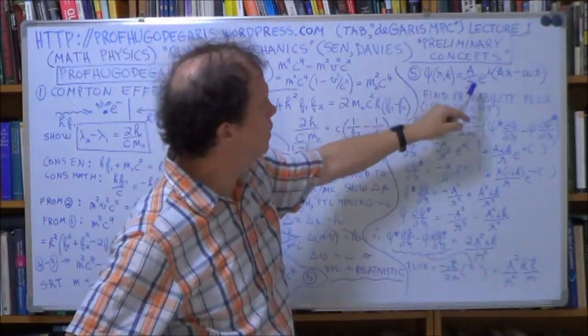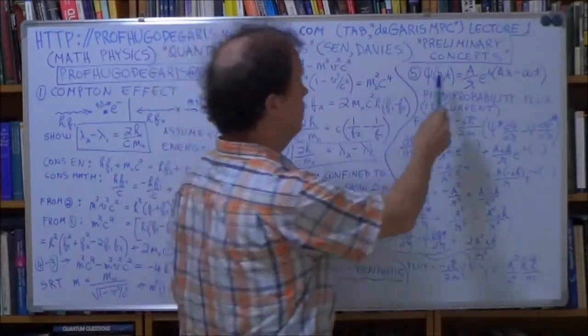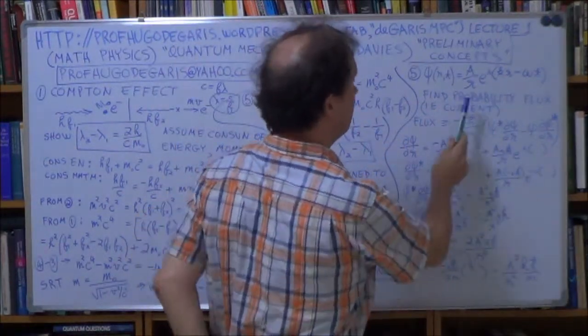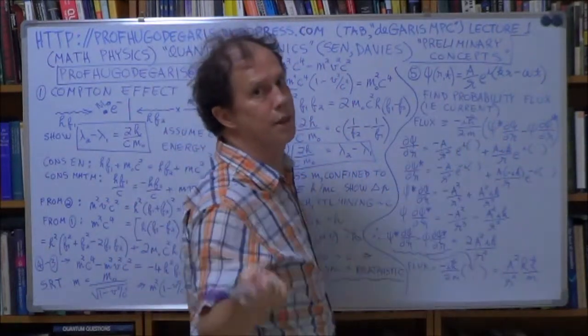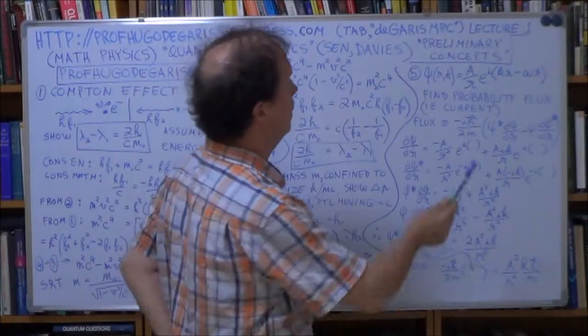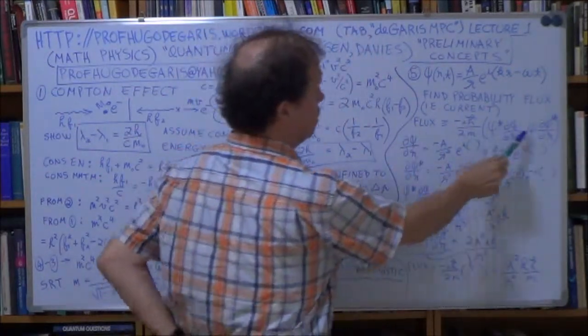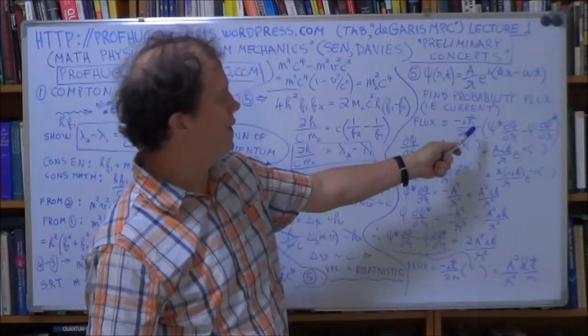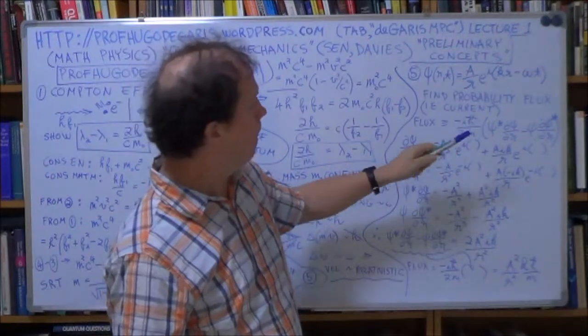So it's r underneath. You're given this wave function, and you're asked to find the probability flux or current. Same thing, flux or current. Now I've written up here the definition. We did that; it was pretty well the last thing we did in theory session.